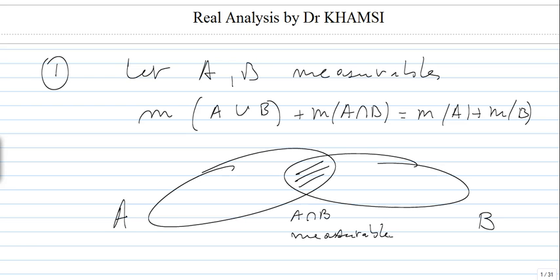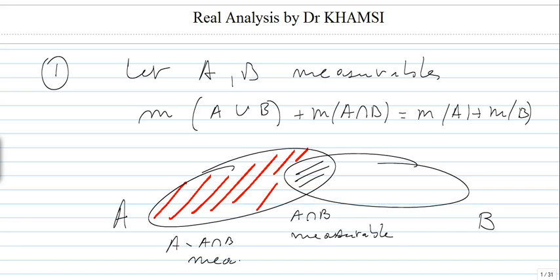Now if we look at this part, which is A minus A intersect B, then this one also is measurable, being the intersection of the complement of A intersect B with A.